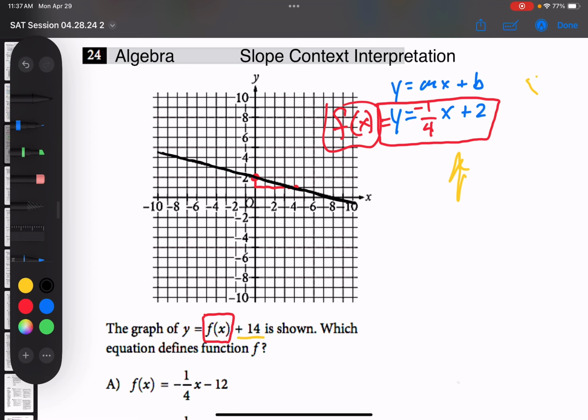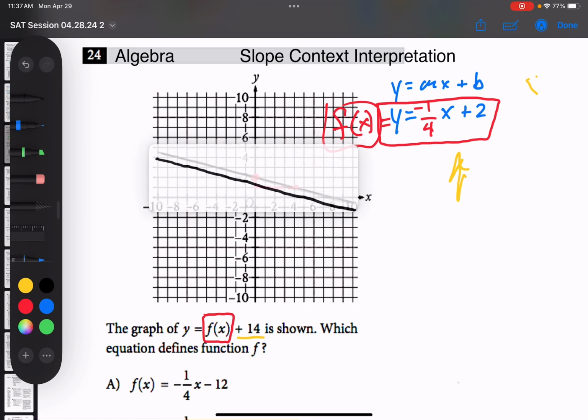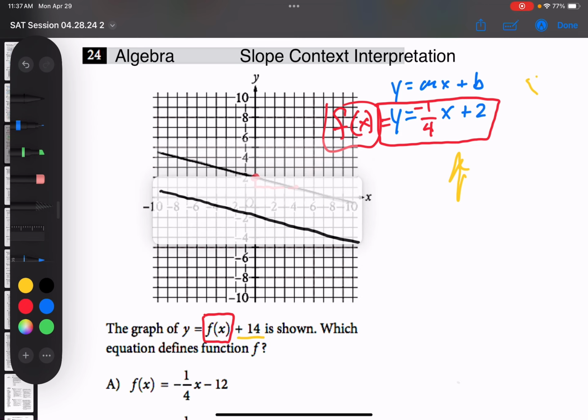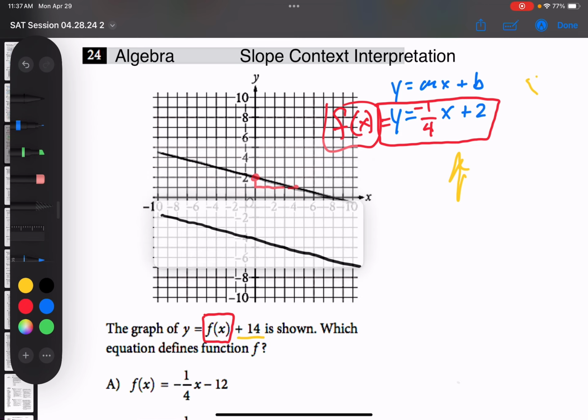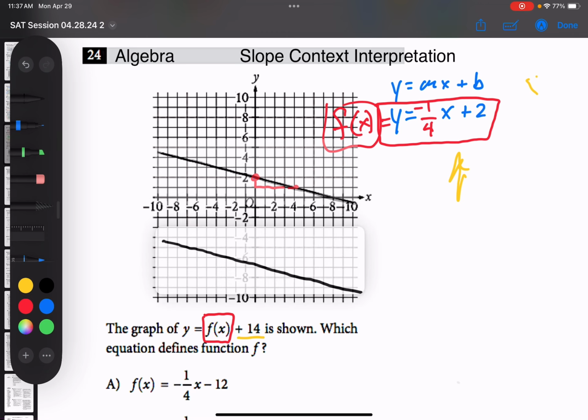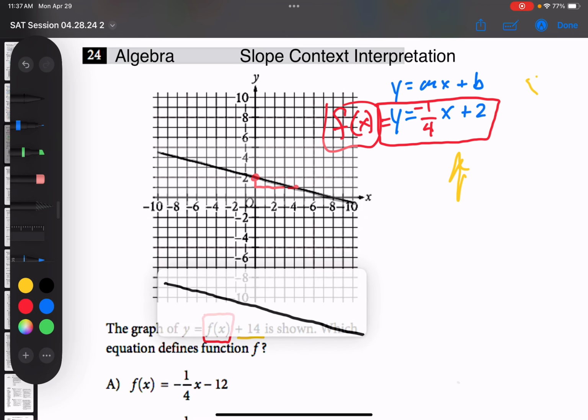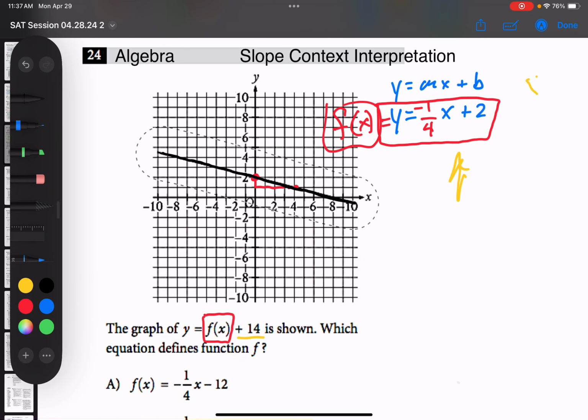That black line wound up at the y-intercept of positive 2, right? But it was actually 14 points down. The formula plus 14 means it went up 14 points. So originally it was 1, 2, 3, 4, 5, 6, 7, 8, 9, 10, 11, 12, 13, 14 points down.